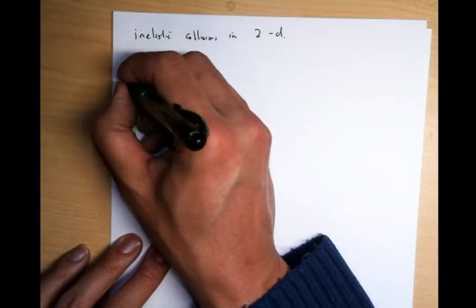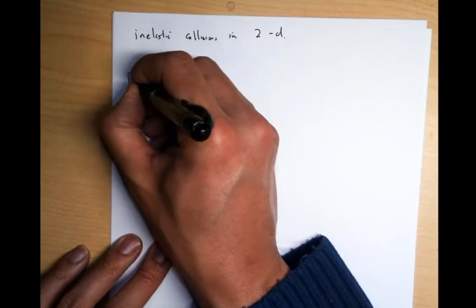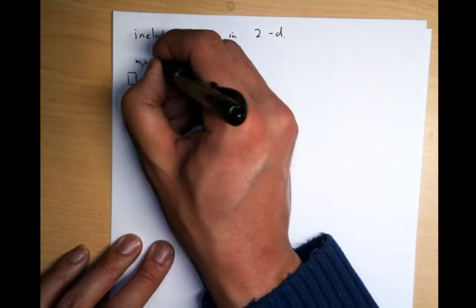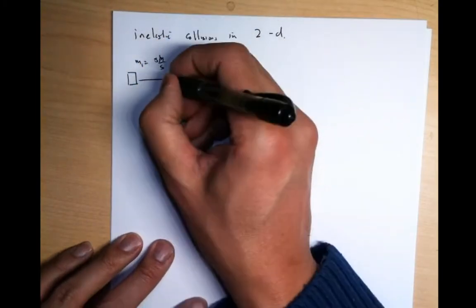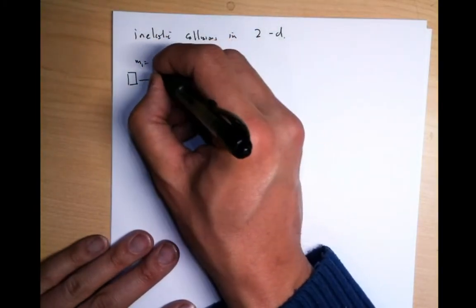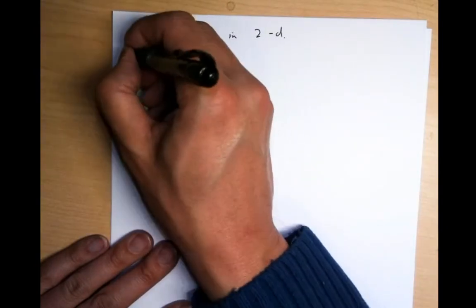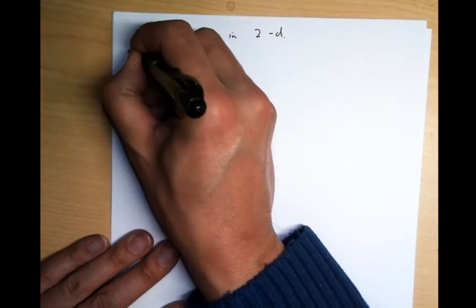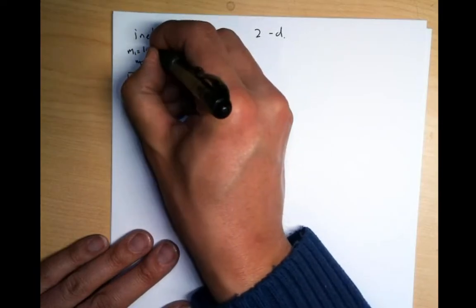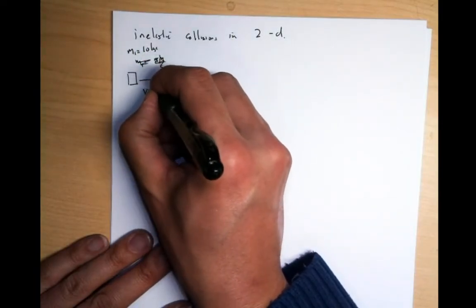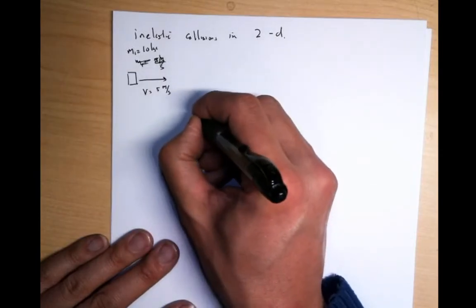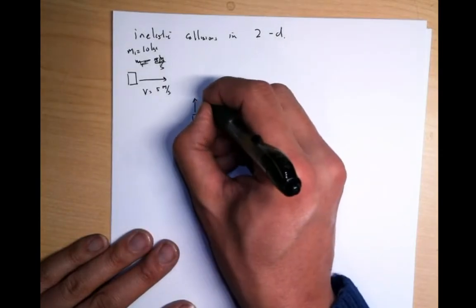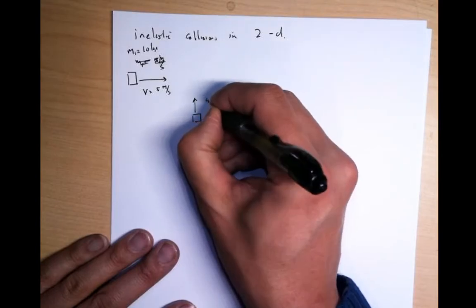Consider the following. M1 is equal to 10 kilograms. It moves with velocity of 5 meters per second. This is number 1. Number 2 is moving upward at 4 meters per second.